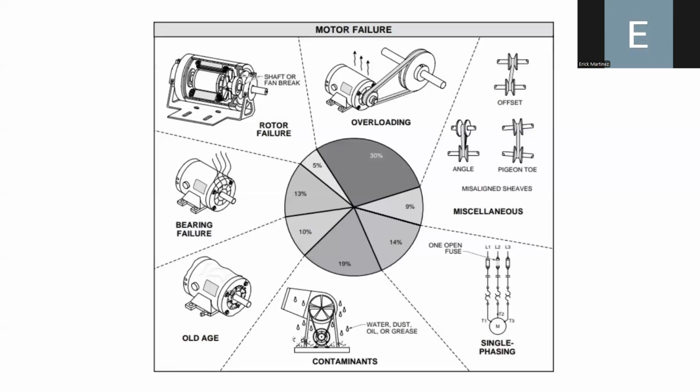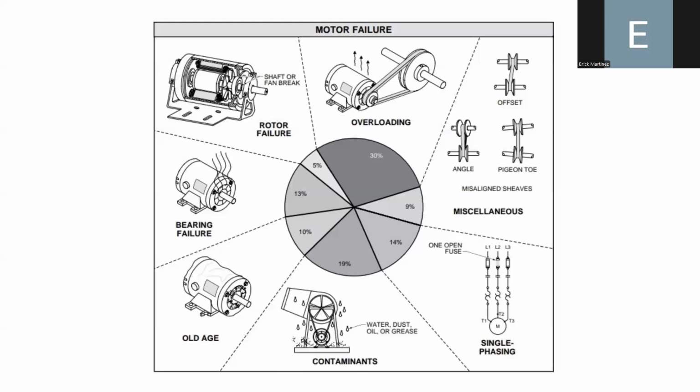Okay. So in this graph, what I am showing you are the common causes of failure in these electrical machines. For example, you can have rotor failure, bearing failure, and also electrical failures, and miscellaneous failures, for example, misalignment in the shafts of the motor. You can also have old age, which can also produce failures in the machine. Contaminants like water, dust, oil, or grease can also produce failures.